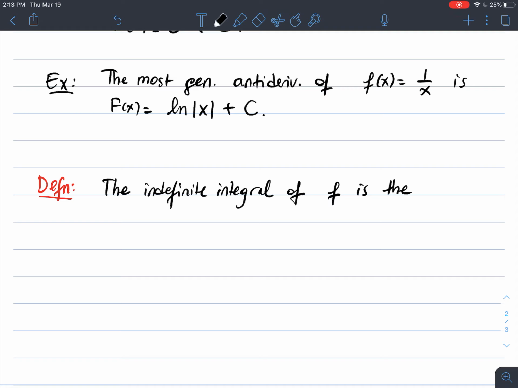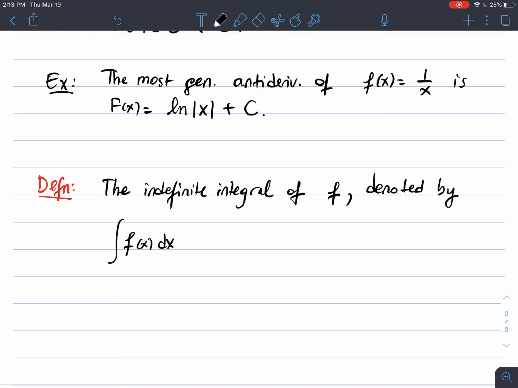the most general. Well, let me write it this way. So first let me write the notation denoted by this. So read this as the integral of f with respect to x.